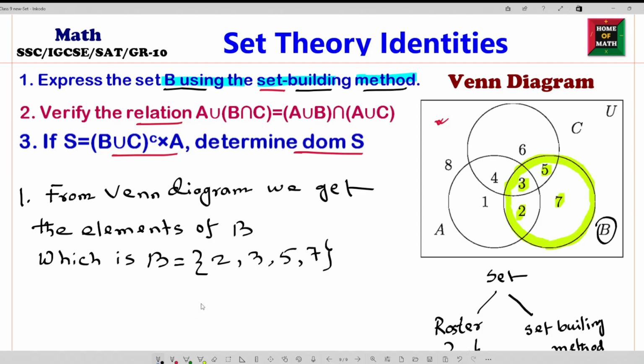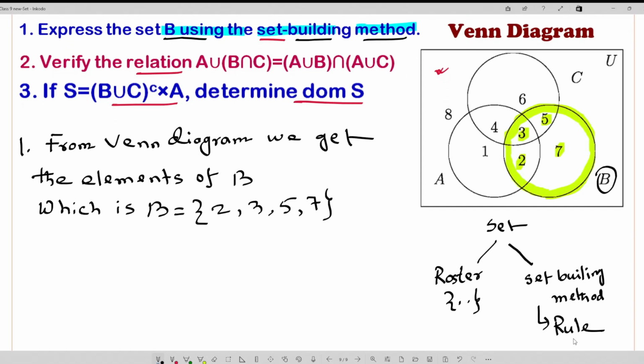Now this one we will express in set building method or rule method. Now think, what can we do? Here 2, 3, 5, 7. So if the element is x and all the numbers are natural numbers, we can say like this: first, all numbers are natural numbers.